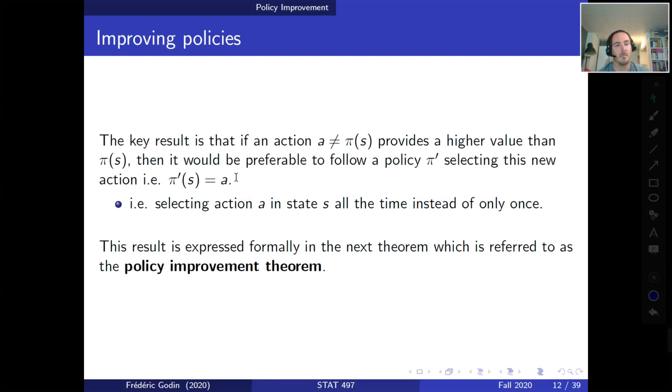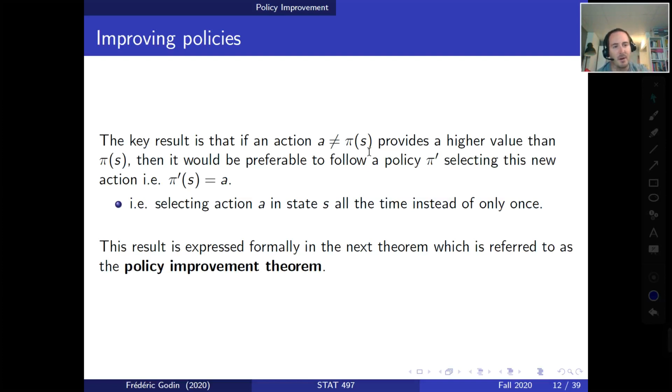Because what the action value says is that, let's say we have A having a higher value than pi(S). It means that it's a better idea for the next transition at least to select action A in that state S instead of pi(S).